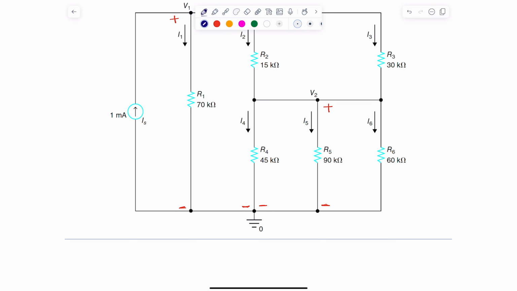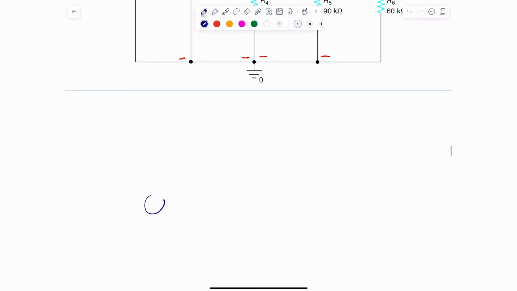All right, so let me redraw this. You will see that we have a current source, and that current source IS is 1 milliamp. From here to here, we'll do this, and then in here we have those resistors, R2 and R3, and then another type of resistors in here.